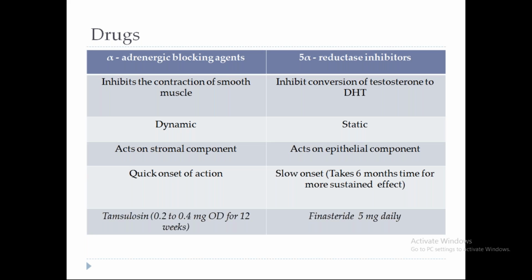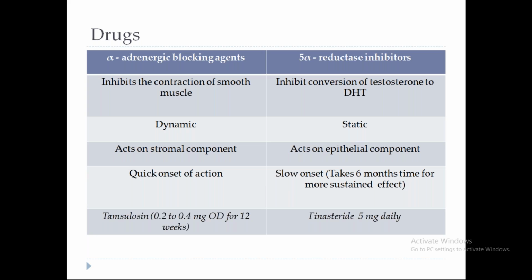Alpha adrenergic blocking agents and 5-alpha reductase inhibitors are the treatment. What do alpha adrenergic blocking agents do? They inhibit the contraction of the smooth muscle, and that too alpha 1A. 1A is very important because these receptors are present on the urethra. This prevents the contraction of the urethra so that the urine flow rate will be normal.